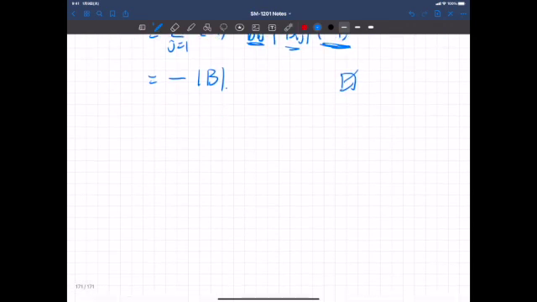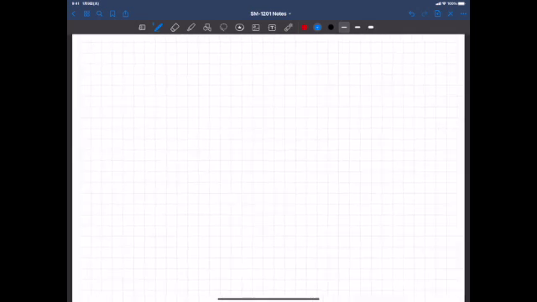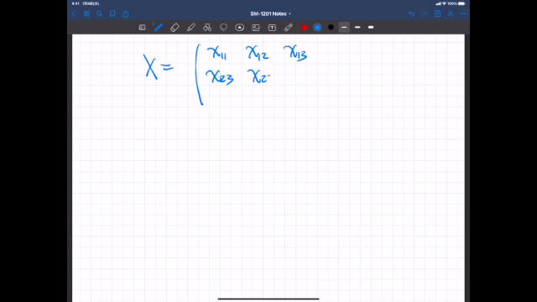Okay, next let me explain an alternative way to look at the determinants. Again, I just use 3 by 3 matrices as an example. So consider this matrix x11, x12, x13, x21, x22, x23, x31, x32, x33, and let's consider each row as a vector.